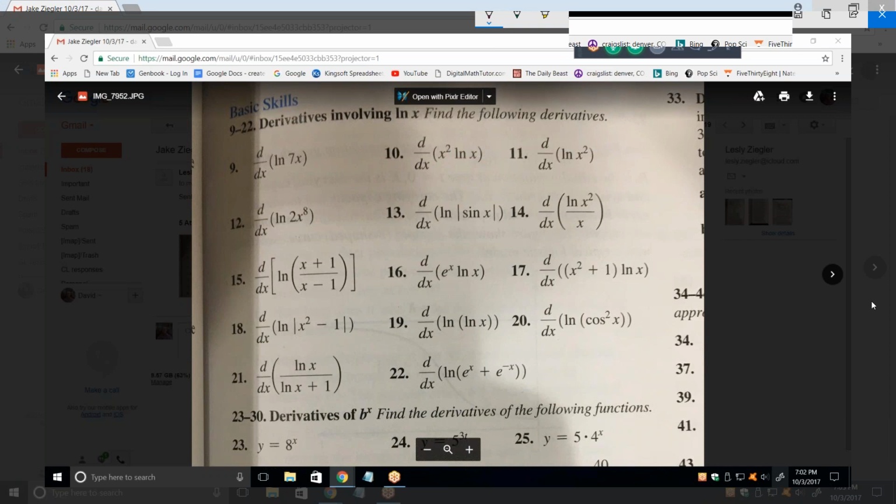Okay, how about number 10? I went with 1/2x to the 8th times 6. Number 10. We need the product rule. So it would be x squared plus 1/x times 1/x.